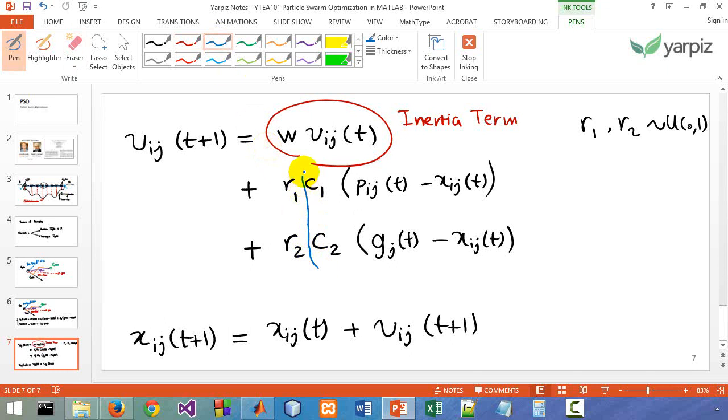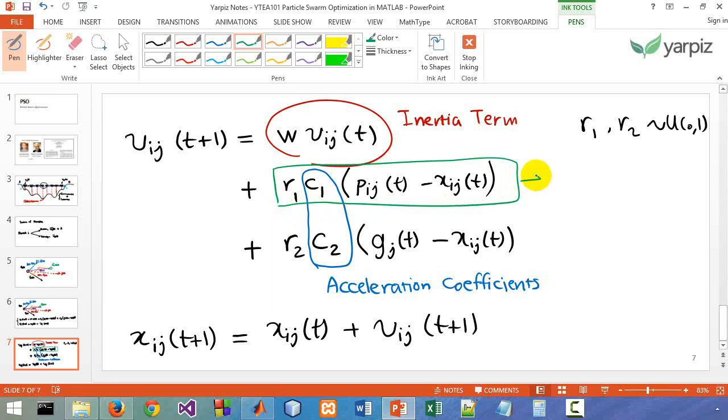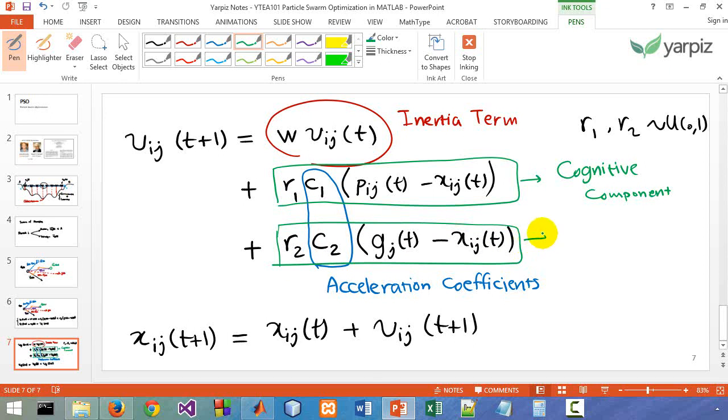These coefficients, C1 and C2, are acceleration coefficients, and this term is known as the cognitive component, and this term is known as the social component.